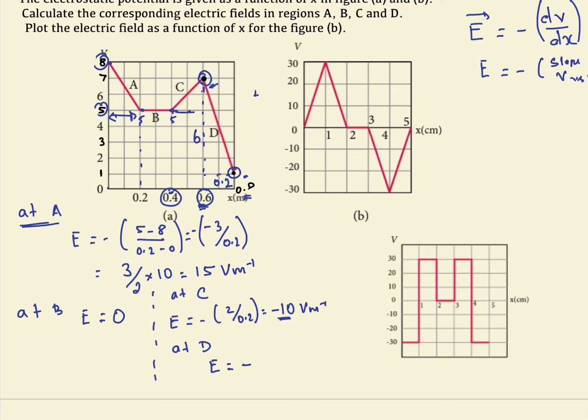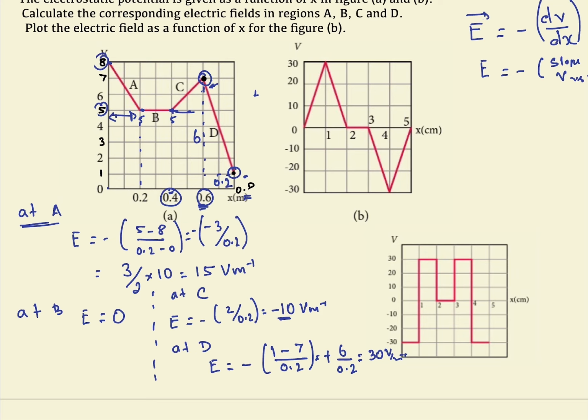Minus of, final minus initial, 1 minus 7, divided by 0.2. Minus minus becomes plus, so 6 by 0.2, which is 30 volt per meter. That is the answer for D.